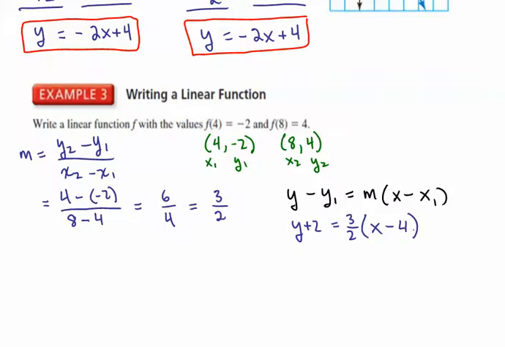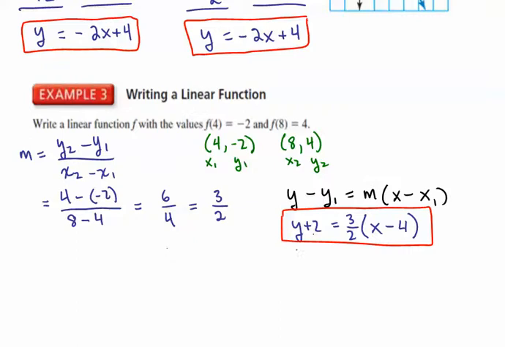And that is my point-slope form. But I'm not done writing a linear function. A linear function, we'll see in a second, we really need to solve for y. So we're going to take this a step further. So let's say that this is our first step along the way to our final destination.